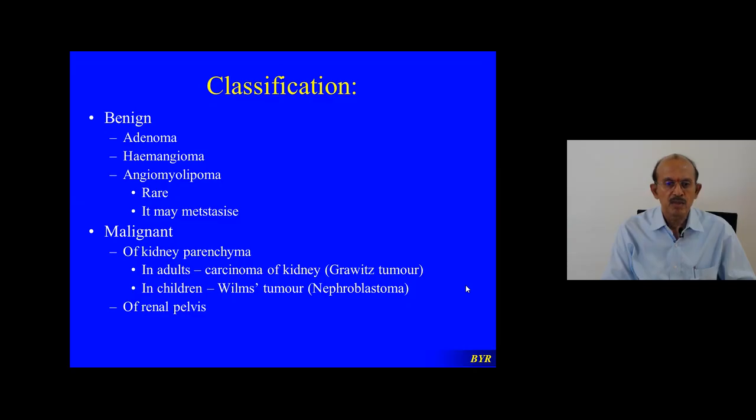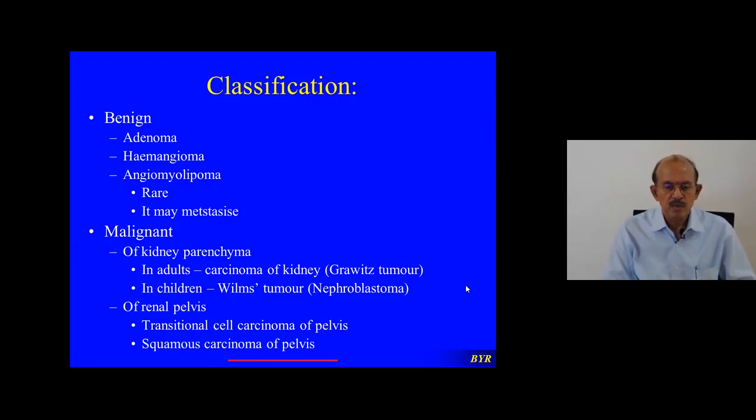Then malignant tumors of the renal pelvis. This is called the transitional cell carcinoma of the pelvis and ureter, also called the upper tract transitional cell carcinoma. Rarely it can be due to squamous cell carcinoma. How can squamous carcinoma occur in the pelvis of the kidney?